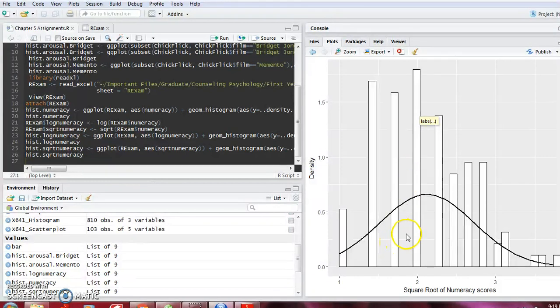With taking the square root of your data, you're essentially moving everything towards the center. It'll bring any of your bigger scores closer to the center. Essentially, we reduce that positive skew here.